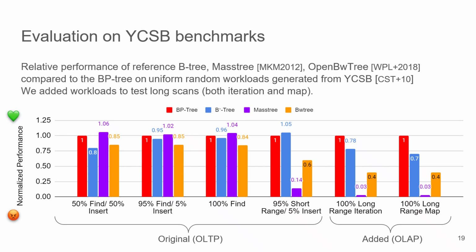We also added 2 new workloads that specifically were designed to stress these long scans that we optimized for. The first is a sorted iteration, which will perform a range query of sorted data of average length of about 5K. The next was an unsorted operation, also of average length of 5K. The results here are from a uniform random distribution.